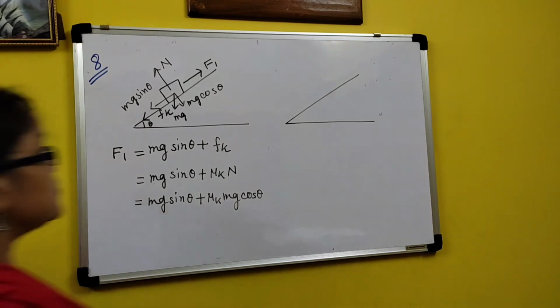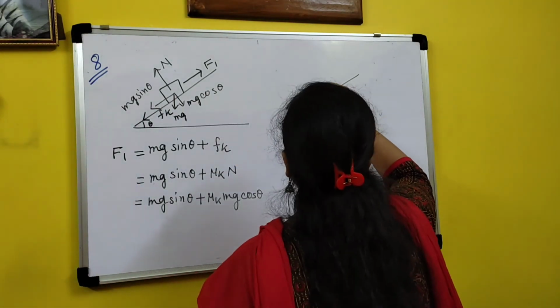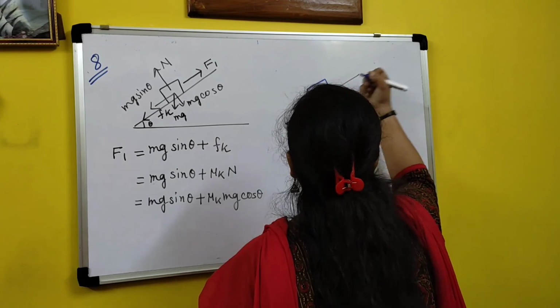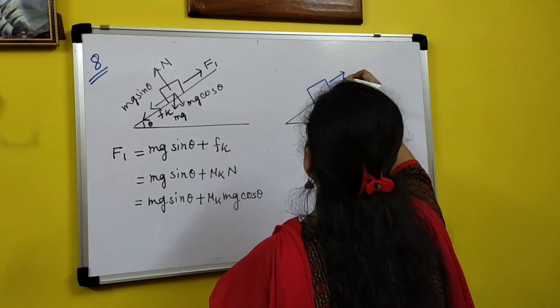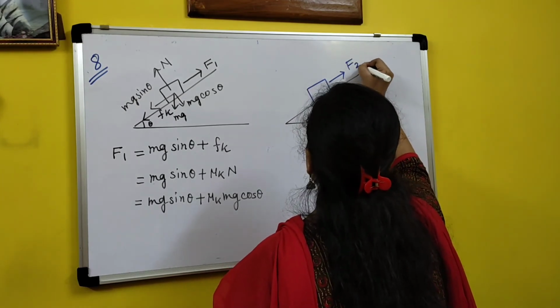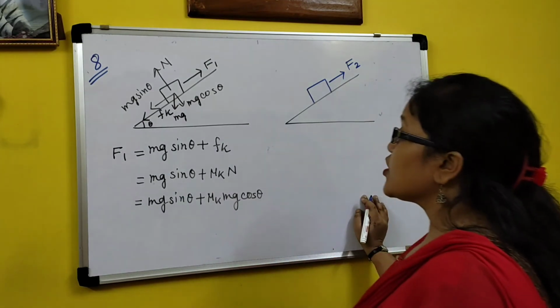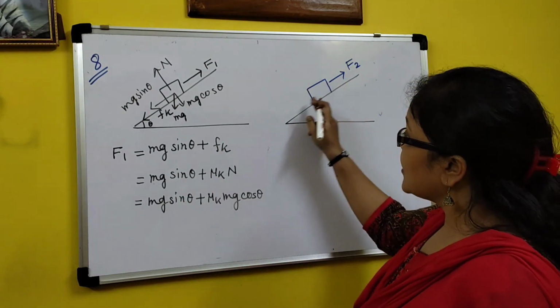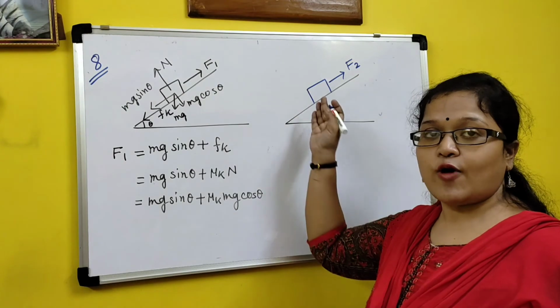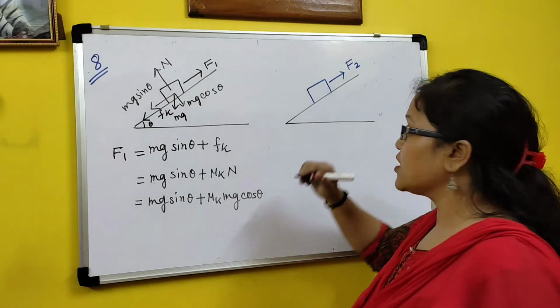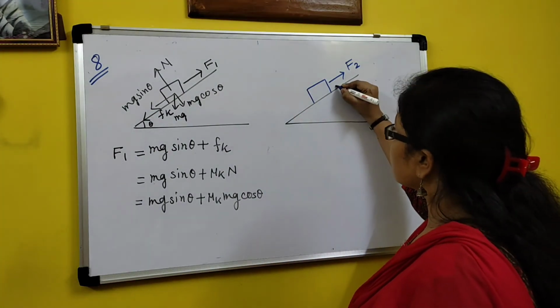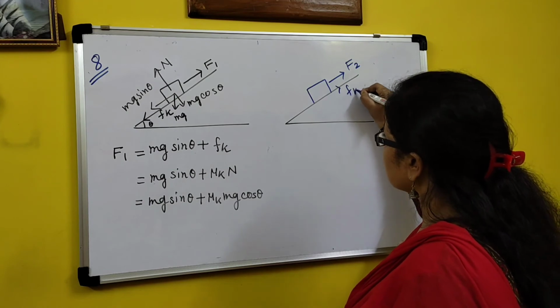In the second case, I am giving a force along this direction, F2. Why am I giving the force? Because the object wants to slide downward, so this time the frictional force direction will be along this.